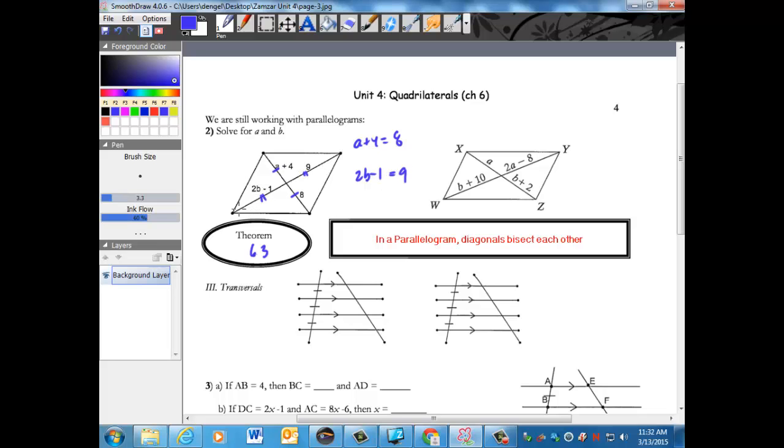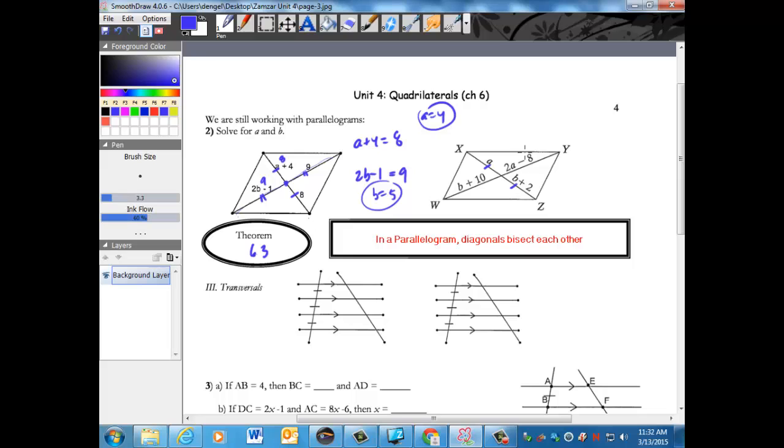And again, you can just tell that this diagonal is longer than these shorter diagonals. So we're not saying that these diagonals are congruent. We're just saying that this point is the midpoint of both diagonals. So a is equal to 4, and then b would be equal to 5. So a is 4 and b is 5. And that would make sense because we get 8 here and we would get 9 and 9 there.